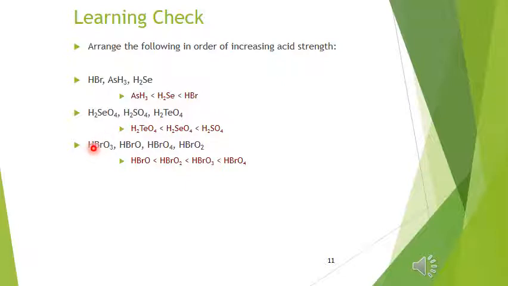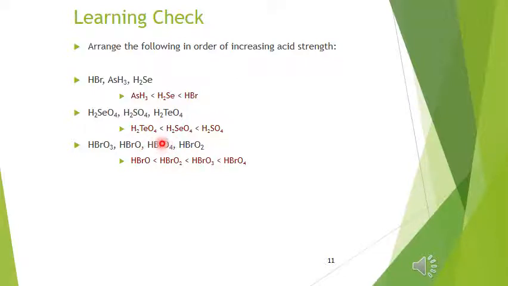Okay, and then finally, these four, they all have HBr and O in them. What's different is the number of oxygens. The more oxygen, the more dispersed the charge on the conjugate base. So again, you shouldn't really pay attention to the acid, it's the conjugate base.